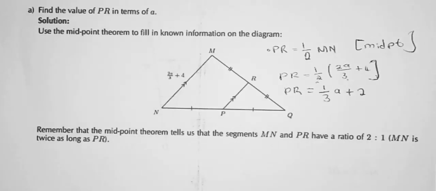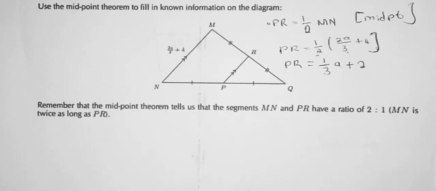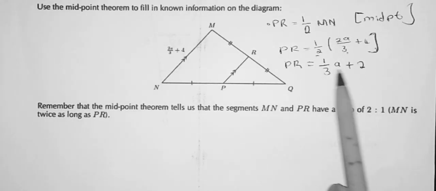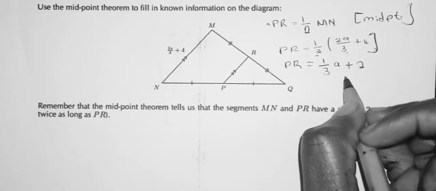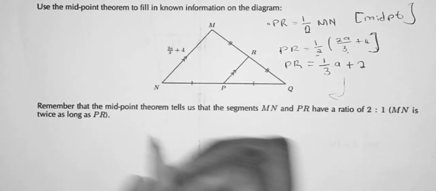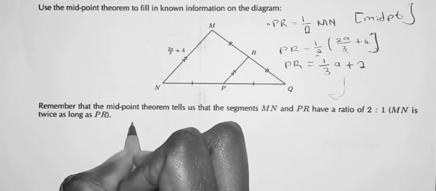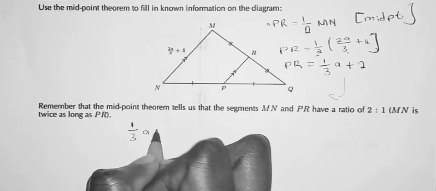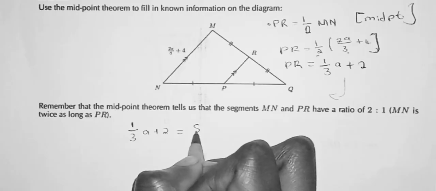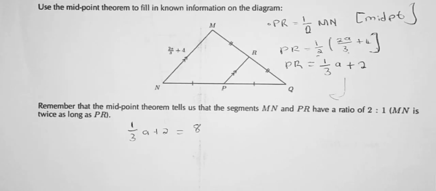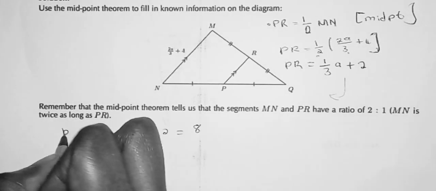So PR is equal to 1 over 3a plus 2, and we say 1 over 3a plus 2 is equal to 8 in order to solve for a.